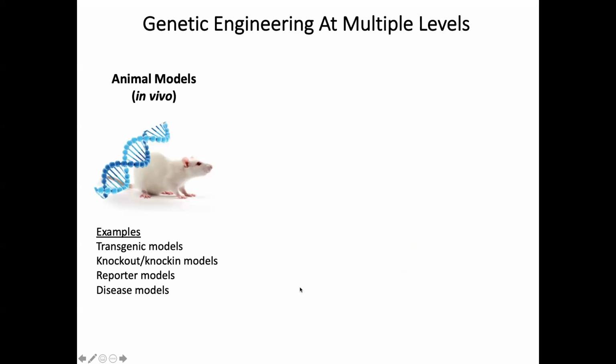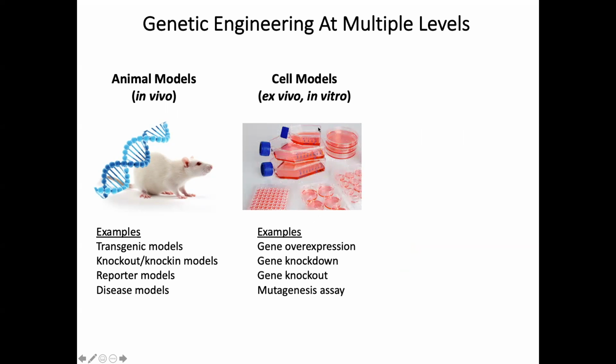The genetic modifications can be carried out at different levels. If the change of gene is done using animal models, we call it in vivo, which is in contrast to in vitro work, when animal or human cells are used. Those are the culture flasks and dishes shown here.